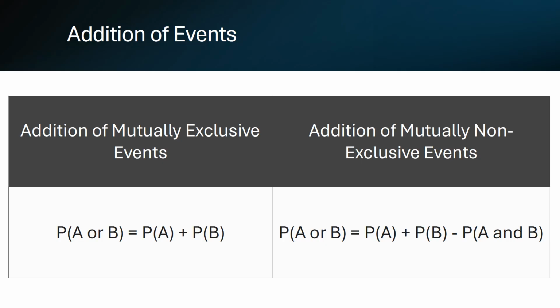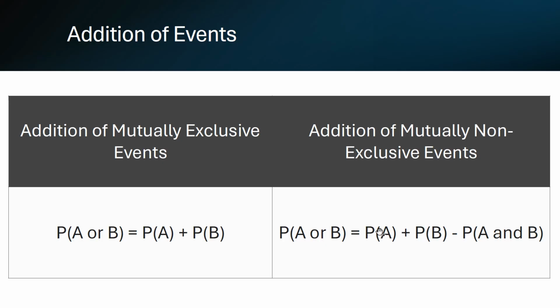Whereas in the case of mutually non-exclusive events, the probability of getting either A or B will include the probability of A and the probability of B, of course, but when the events are non-exclusive, an outcome which is common to both A and B will get doubly counted in the probability of event A and the probability of event B. So it will be counted in both of them.